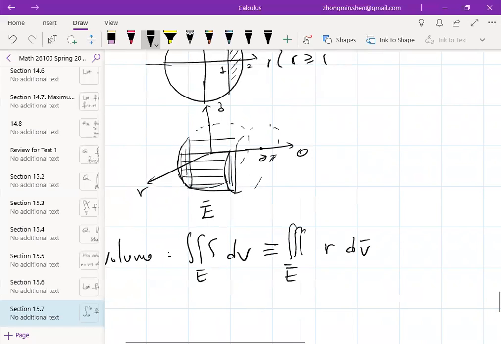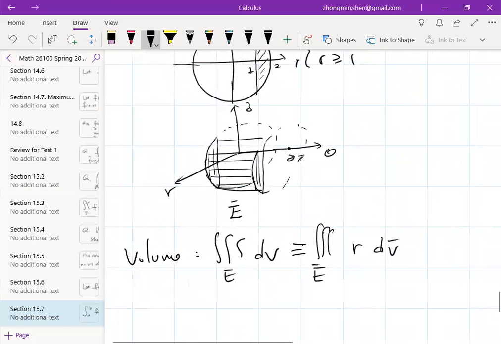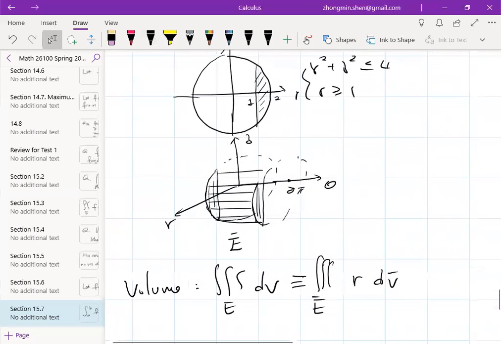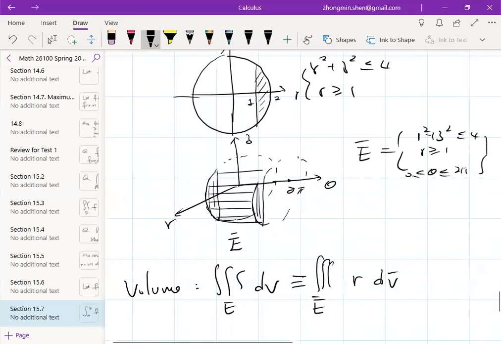By the cylindrical coordinate system. Using cylindrical coordinates, you get this. And so E bar can be described by these equations: R squared plus Z squared less than or equal to 4, R greater than 1, theta between 0 and 2 pi, okay?